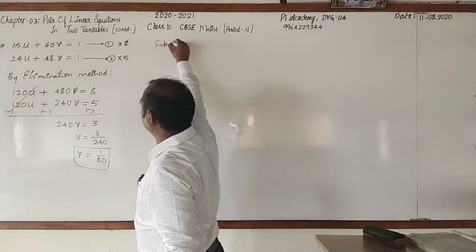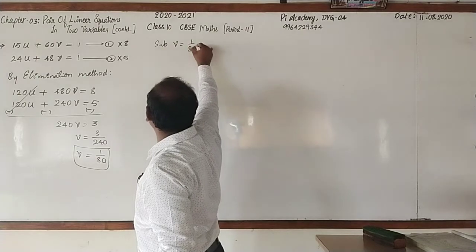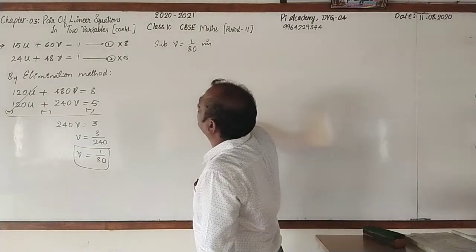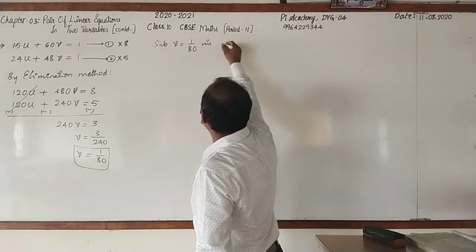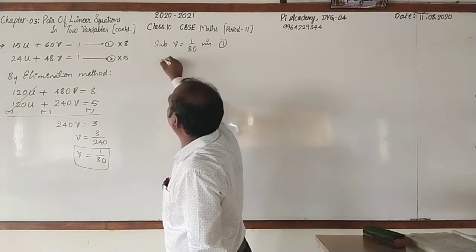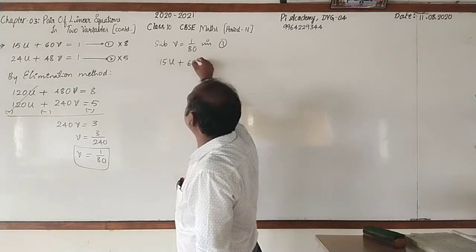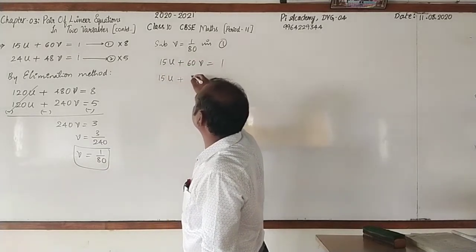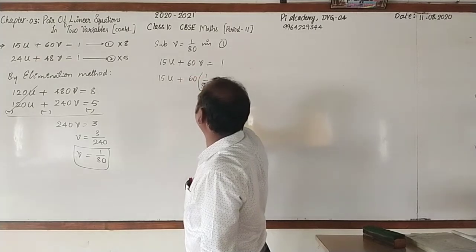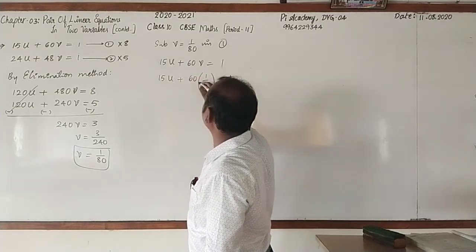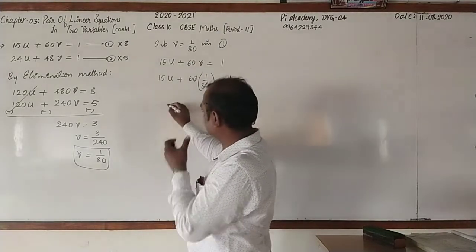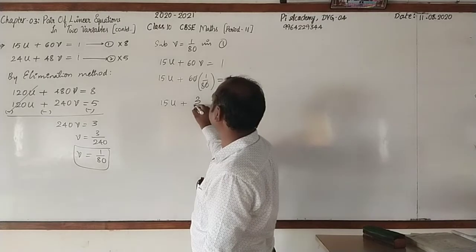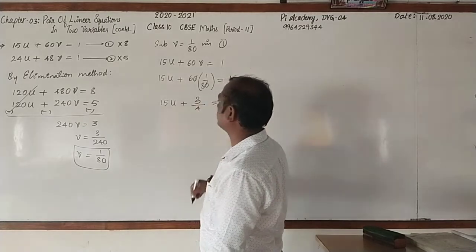Next, let's go for finding u. So, substitute v is equal to 1 by 80 in any one of the two equations. Which one shall we go for? I'll write the first one. 15u plus 60v is equal to 1. 15u plus 60 into 1 by 80 is equal to 1.